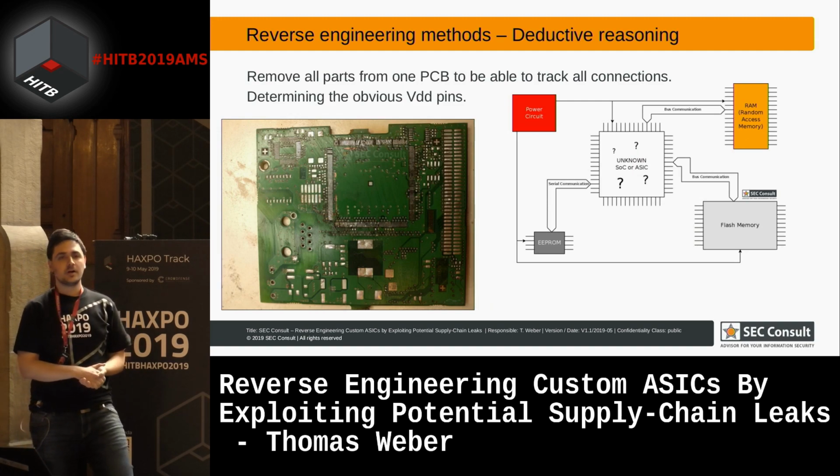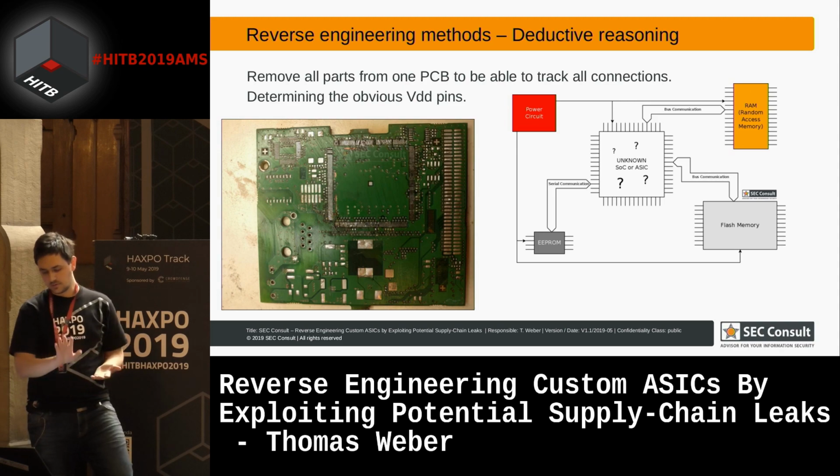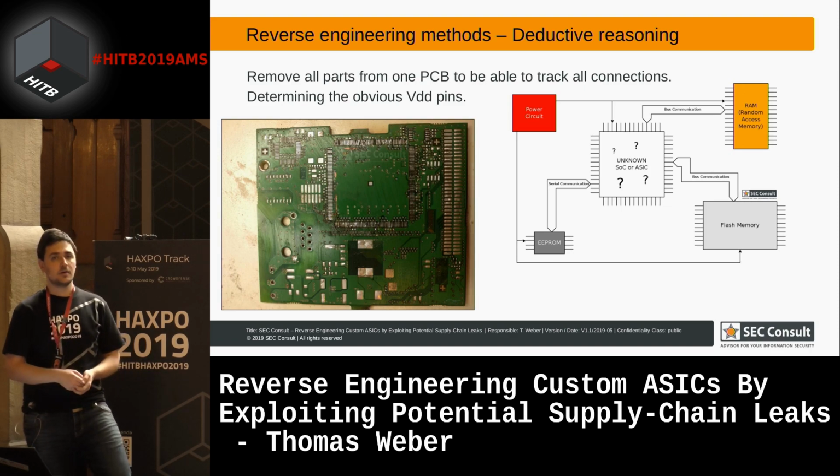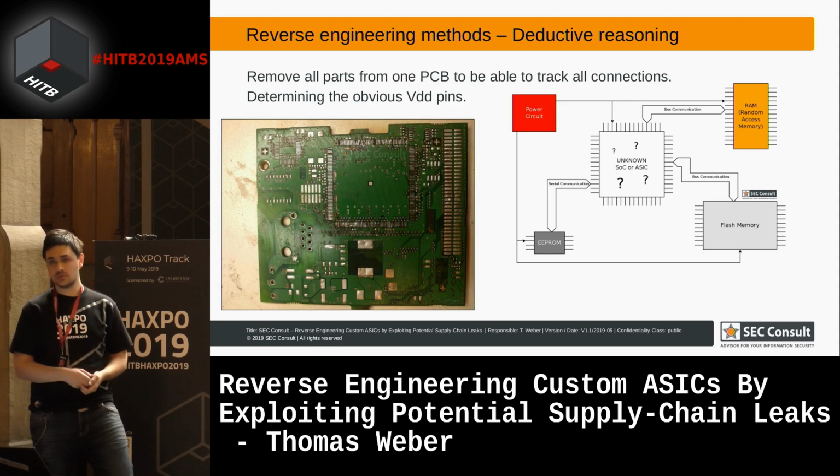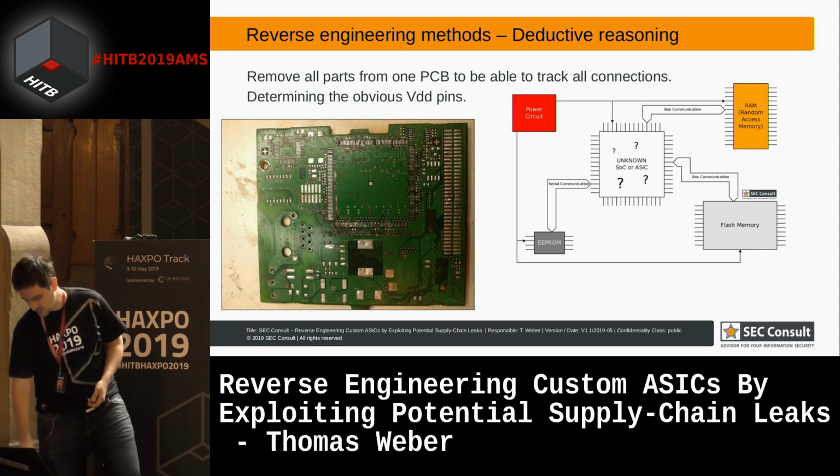First of all, I took the PCB with the lowest quality and removed all of the parts to get some kind of circuitry, so schematic, so that I can just draw which pins are connected to the RAM, which pins are connected to the power, which pins are connected to the flash memory, and so on, to start reverse engineering of the pinout of the actual system on chip.